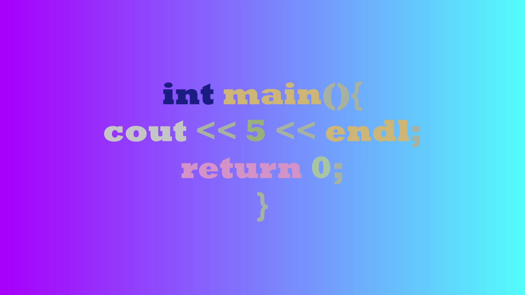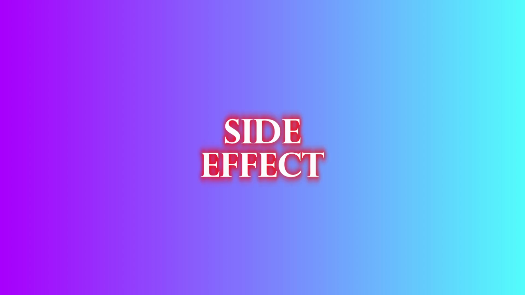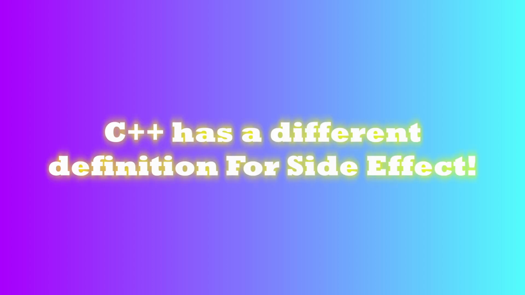In common language, the term side effect is typically used to mean a secondary, often negative or unexpected result. But in C++, the term side effect has a different meaning. It is an observable effect of an operator or function beyond producing a return value.